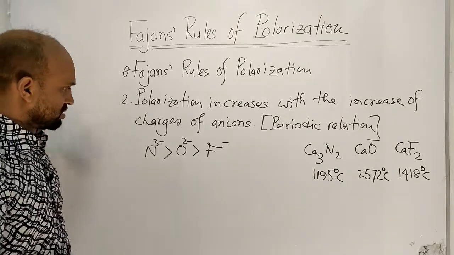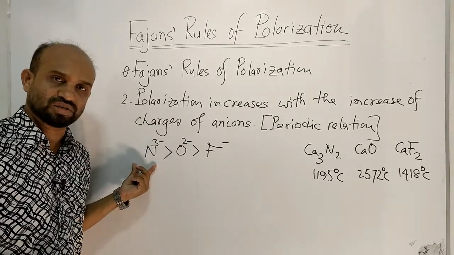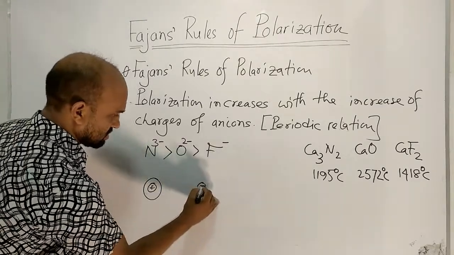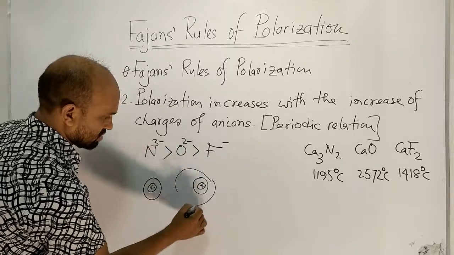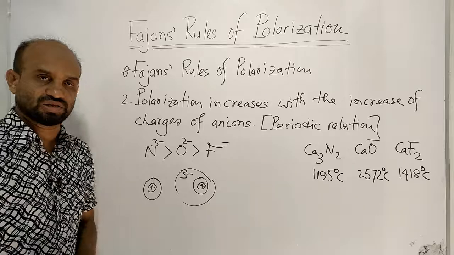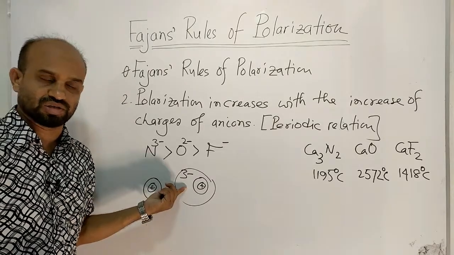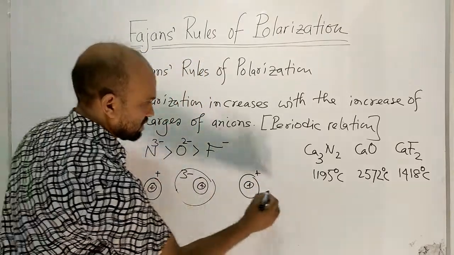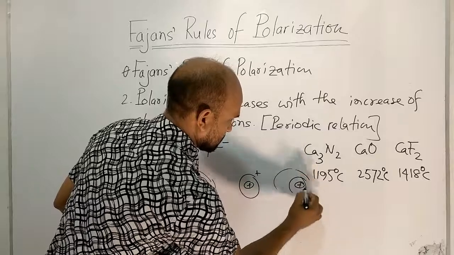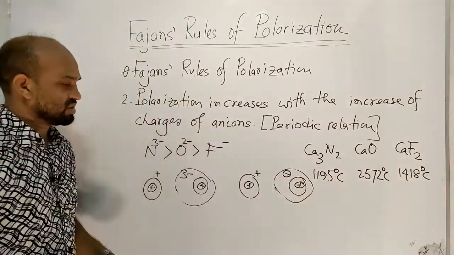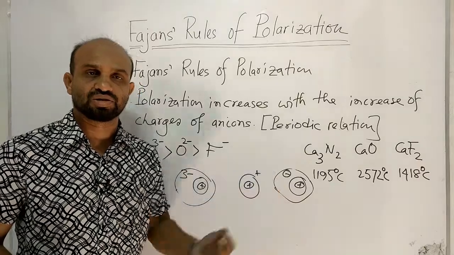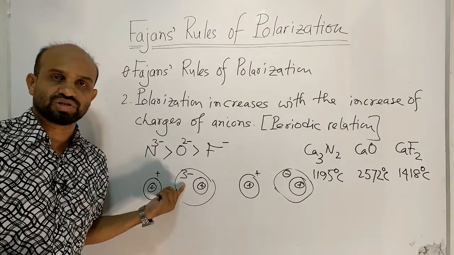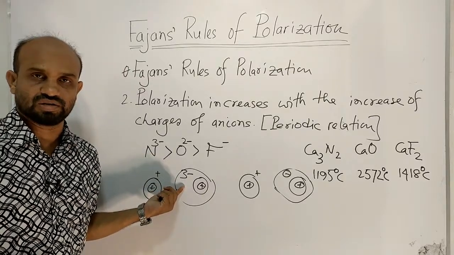Now let's see why in this case polarization increases. Suppose this is the cation and this is the anion, which has a 3 minus charge. That means a high concentration of electrons here. And in the case of fluoride ion, suppose this is the cation and this is the anion. Here there is only one charge, so the concentration of electrons is low, but in the other case the concentration of electrons is high.